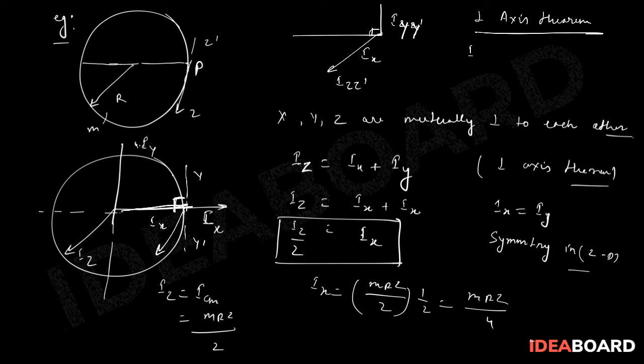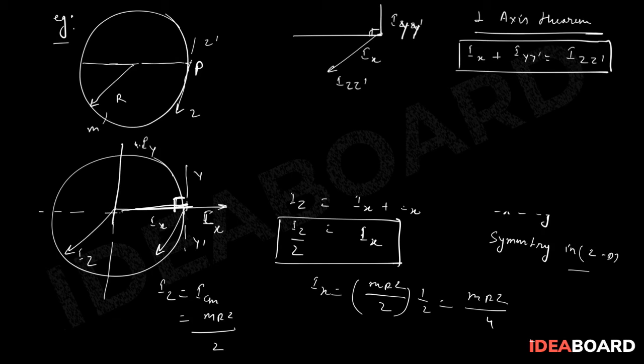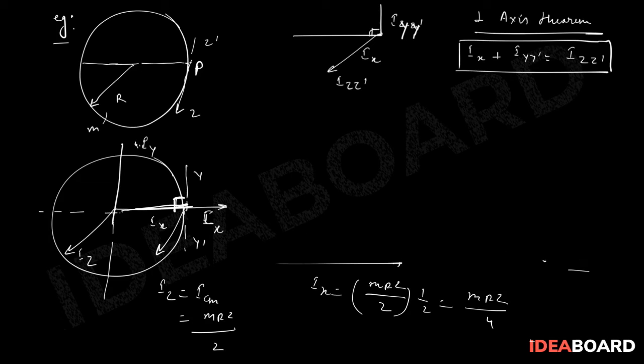So we know that Ix plus Iyy dash, both are perpendicular, that would lead to be Izz dash, right? Now once we achieved this, the important point is how to obtain Iyy dash, because we already have obtained the value of Ix, which is fine.